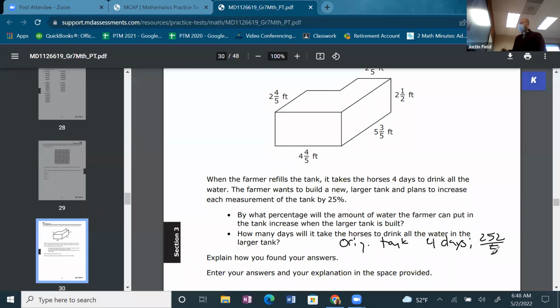So how much water per day can the horse drink? So that's a unit rate. We can divide the amount of water by 4, or multiply it by 1/4. The unit rate is 252 over 20.